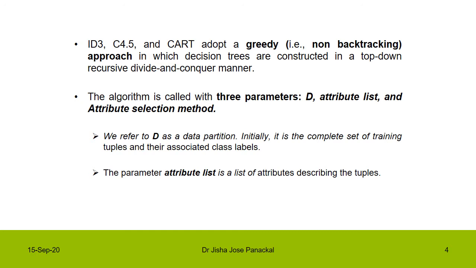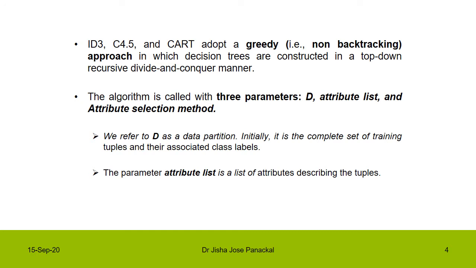We will see that the algorithm is called with three parameters: D, that is the dataset, attribute list and attribute selection method. We refer to D as a data partition. Initially, it is the complete set of training tuples and their associated class labels. The parameter attribute list is a list of attributes describing the tuples.